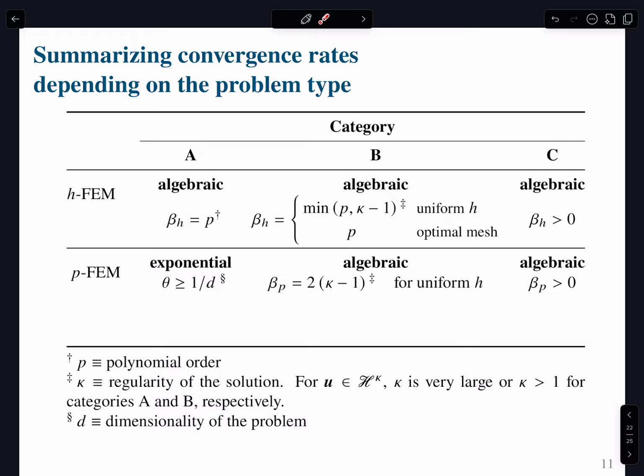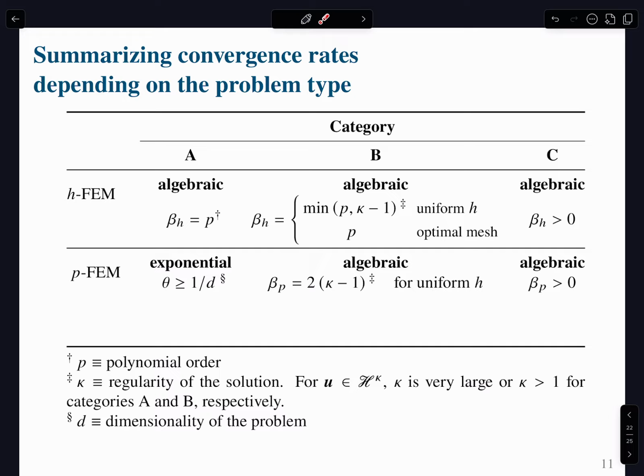What theory tells us is that that constant is greater than 1 over d, where d is the dimensionality. And in the book, I actually solve an example using p-FEM where I indeed recover that. I'm not asking you to recover that constant in this project, although you can. There is nothing to prevent you from doing that, but I'm not asking you to do that or report it, although that's a nice addition for the next time I do this.